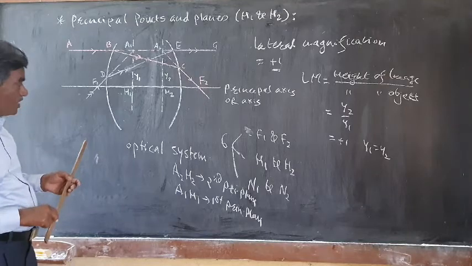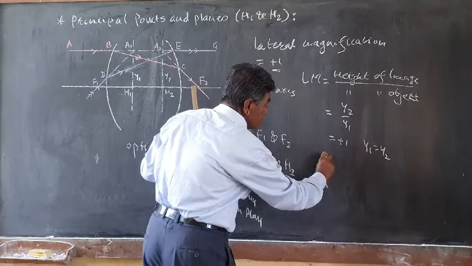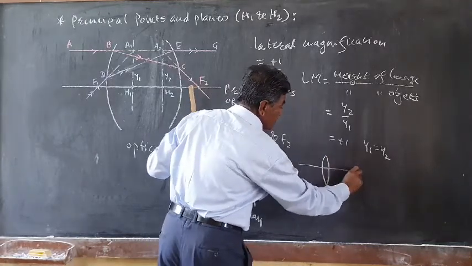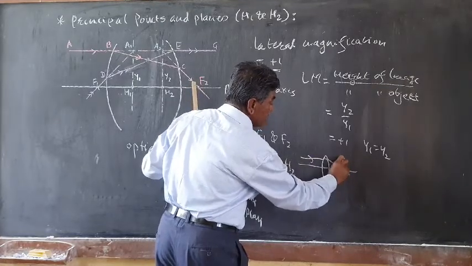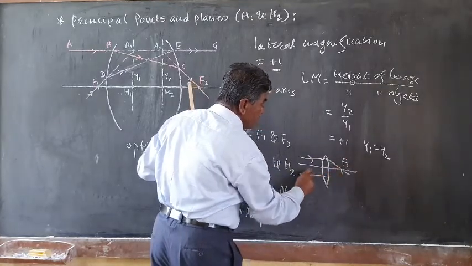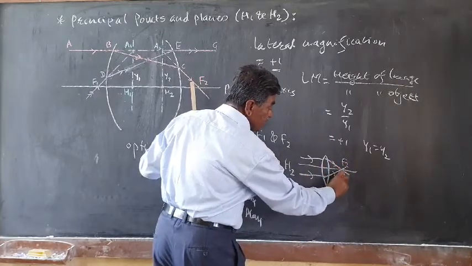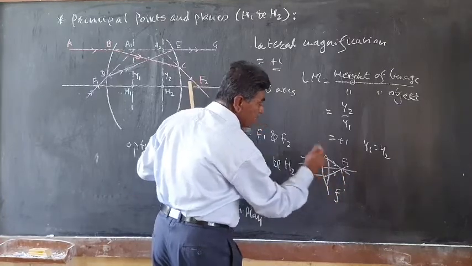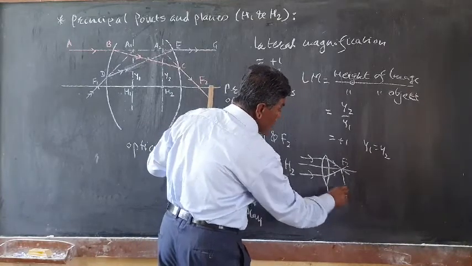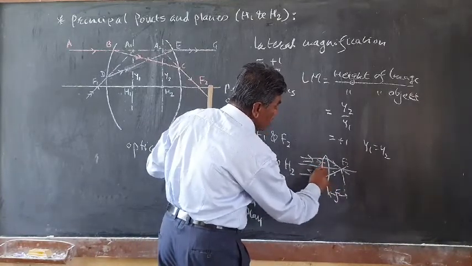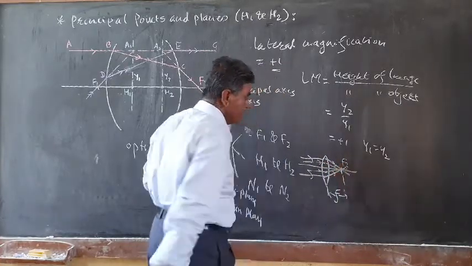Also, we know that in the case of a single lens, if this is the axis, any parallel ray passes through the point called the second focal point, F2.